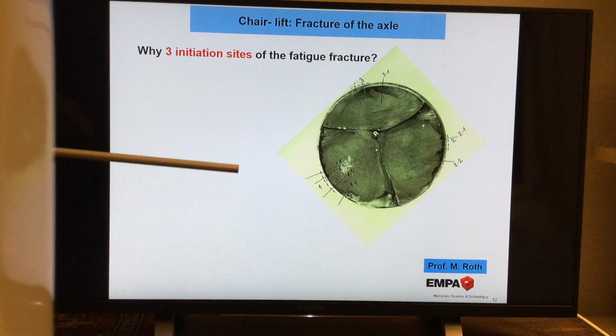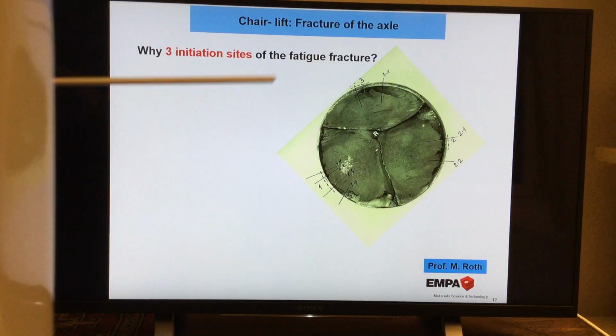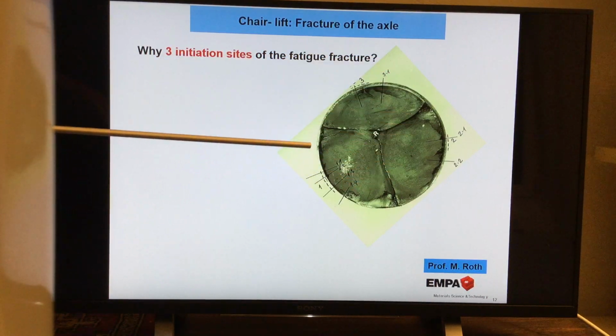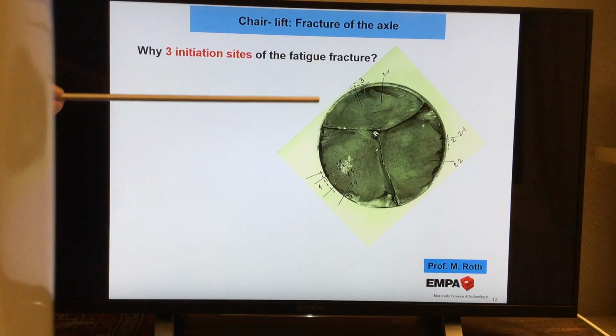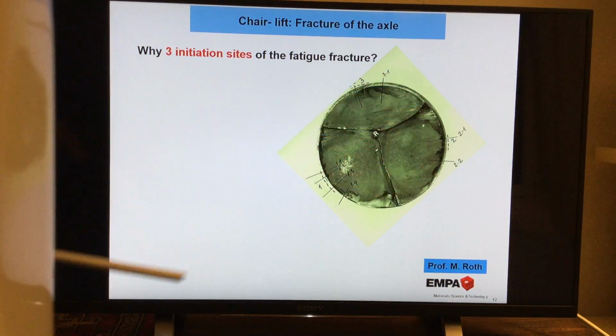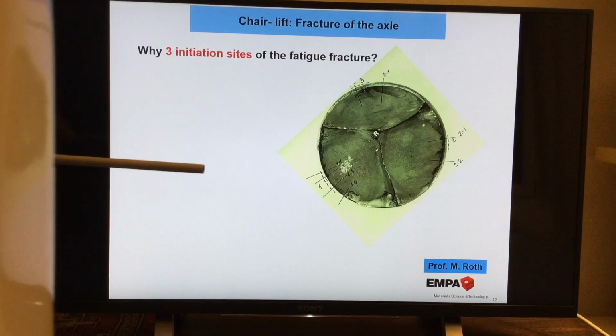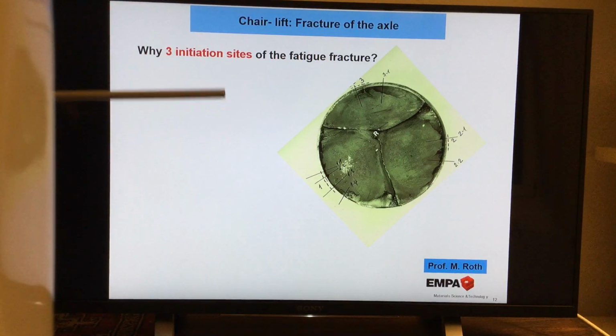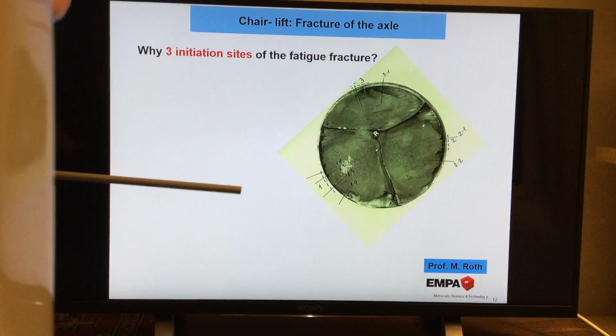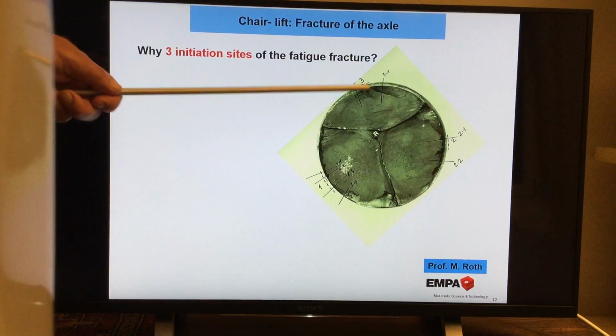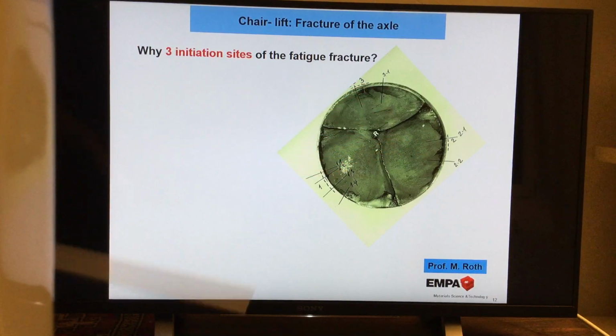The one point I first have to point out: when we look in the literature for fatigue and for rotating fatigue, there is never any example where the cracks start at just 3 points.